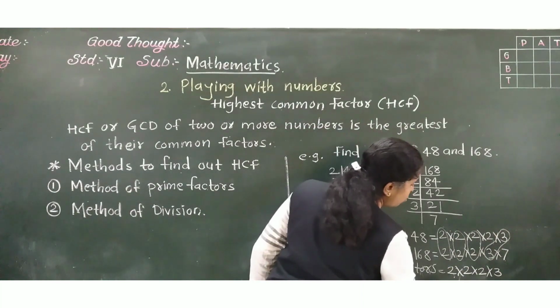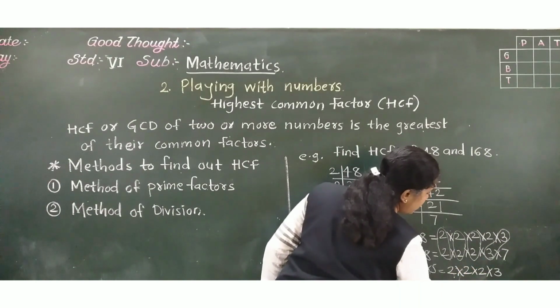Multiply. 2 2s are 4, 4 2s are 8, 8 3s are 24.